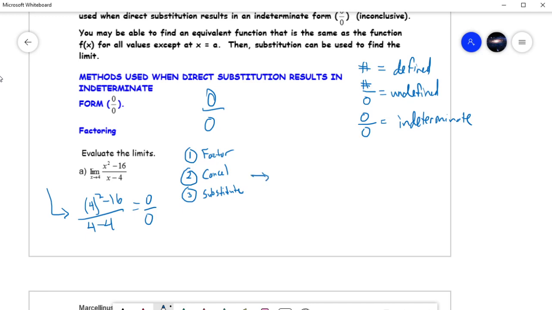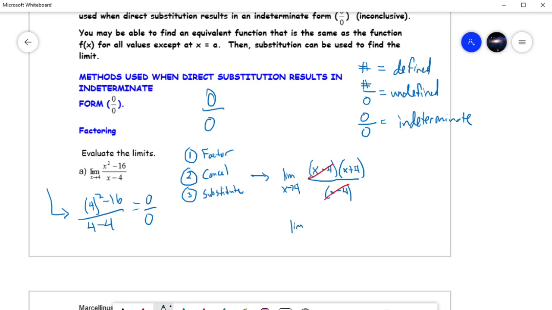Observe. Limit as x approaches 4. Okay, I'm going to factor the top. Now the top is a difference of squares. So x minus 4 and x plus 4. I notice that I've got something here where everything is in a bracket. There's no addition or subtraction that's outside a bracket, so I can go ahead and cancel, and I do so.